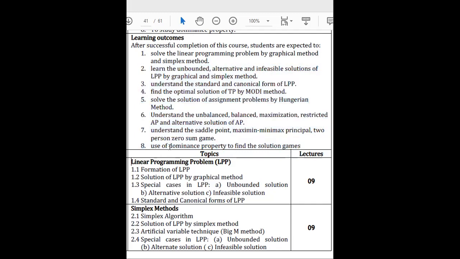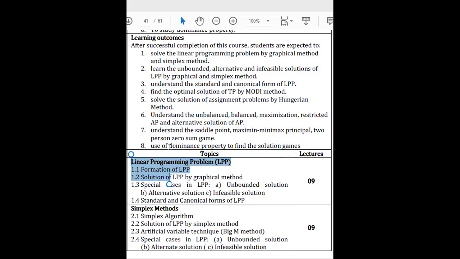So the first chapter is linear programming problem. There is one topic, how to do formation of a linear programming problem.